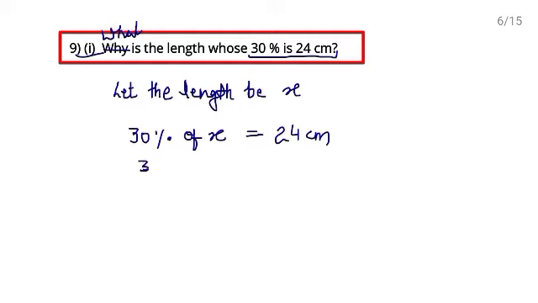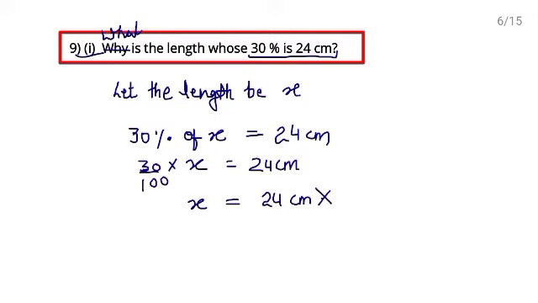Now simply solve it. 30% means 30 out of 100. Of means multiply x is equals to 24 centimeter. You want to find the value of x, so keep it to the left. 24 centimeter, 100 was in denominator, that means in division.